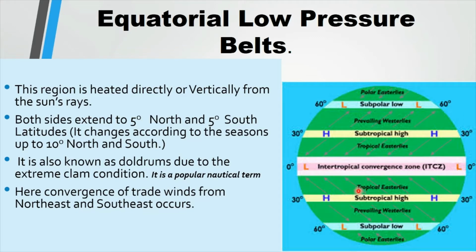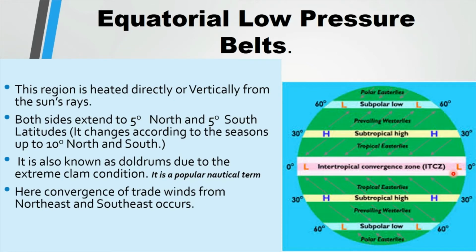Here some arrows are visible, from the southeast and from the northeast. Here they are converging. Converging means mixing. These trade winds mix in this area. That is why this area is called the Intertropical Convergence Zone, ITCZ.